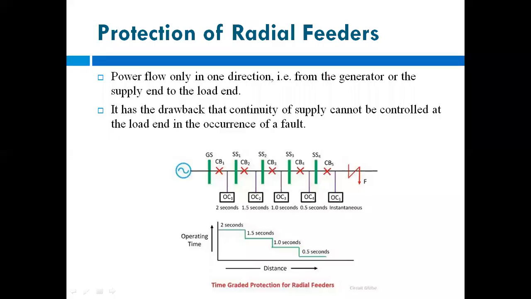Electrical supply. Near your home, there are a number of feeders. Radial feeders are there, ring main system is there, parallel system is there, interconnected system is there. So these are different systems of the supply, and we have to protect all these feeders or supply systems. Sometimes we say some fault has occurred at the feeder, that's why there is a power supply problem.